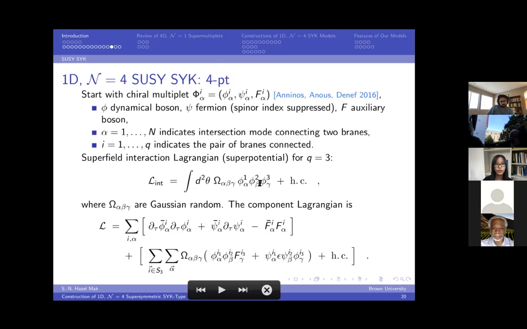It's written in a superpotential. All of these are chiral superfields, and then you just integrate over the chiral half of the superspace. So this is the component Lagrangian. These are the kinetic terms, and these two terms are the interaction terms that they have. That is offshell component interactions, but that will give you SYK-type vertices when you go onshell.